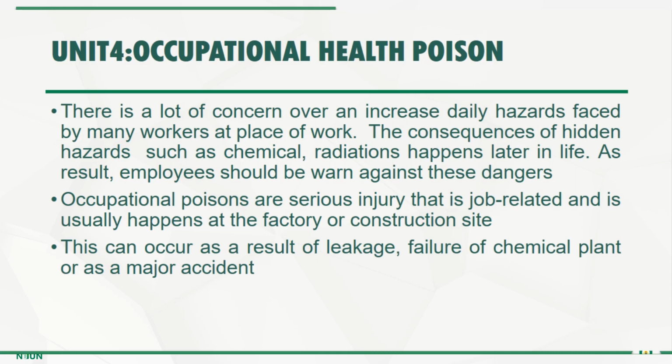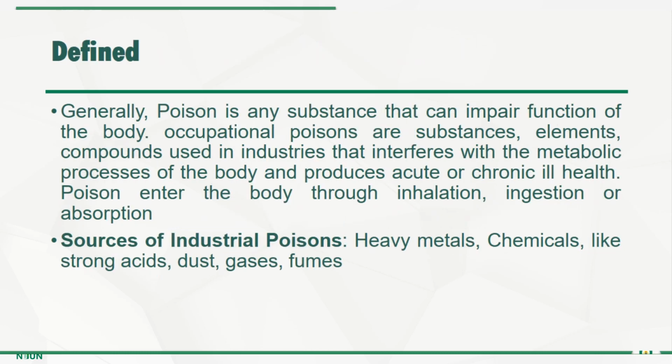Occupational poisons are serious injuries that are job related and usually happen at the factory or construction work sites. This can occur as a result of leakage, failure of chemical plant, or as a major accident.